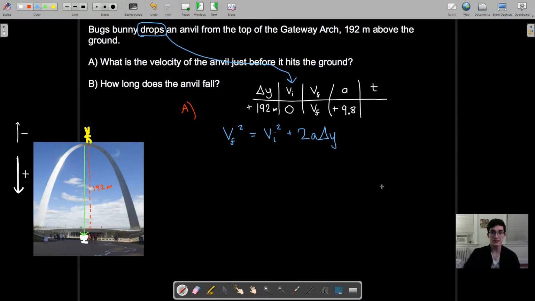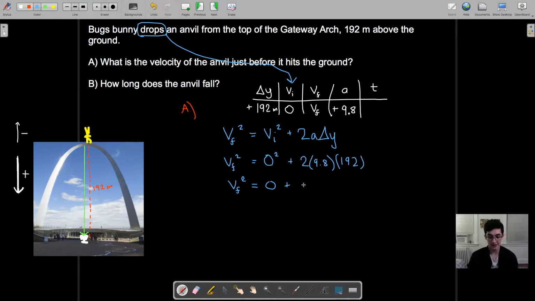All right, so let's go ahead and plug in our numbers. V final just remains v final because that is what we're solving for. V initial velocity is just 0 squared plus 2 times our acceleration, which is 9.8, times our displacement, which is 192, and thus we get, and if we want to simplify this a little bit, we get that v final squared is equal to 0 squared, aka 0, plus 2 times 9.8 times 192.